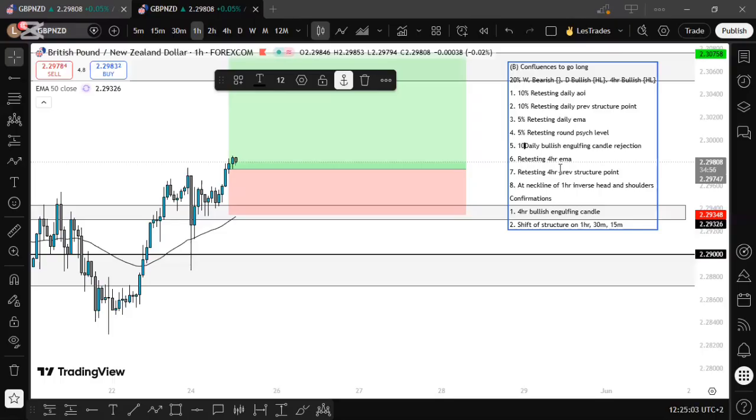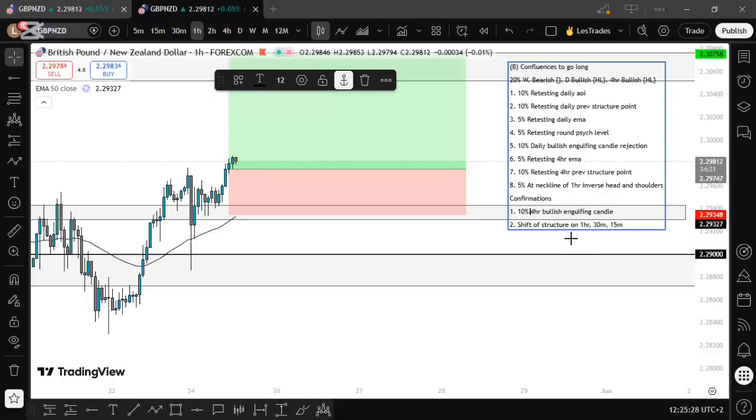We have a 5% on a 4-hour EMA. We have a 10% on our previous structure point of the 4-hour EMA. I'm just gonna say we have a 5% on our neckline, right? And then here the confirmation, we have a 10%. Shift of structure is also a 10%, right?